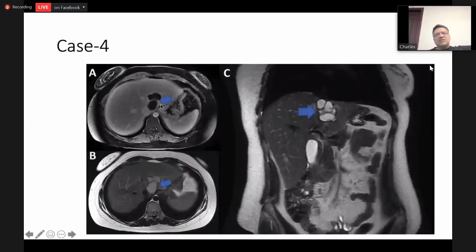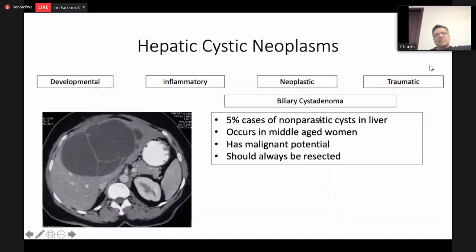You are seeing a cyst with thick walls, a multiseptate cyst with probable mural nodules. So it's likely to be a biliary cystadenoma. Biliary cystadenomas occur in middle-aged women, and they have thick-walled cysts with mural nodules and multiple septations.